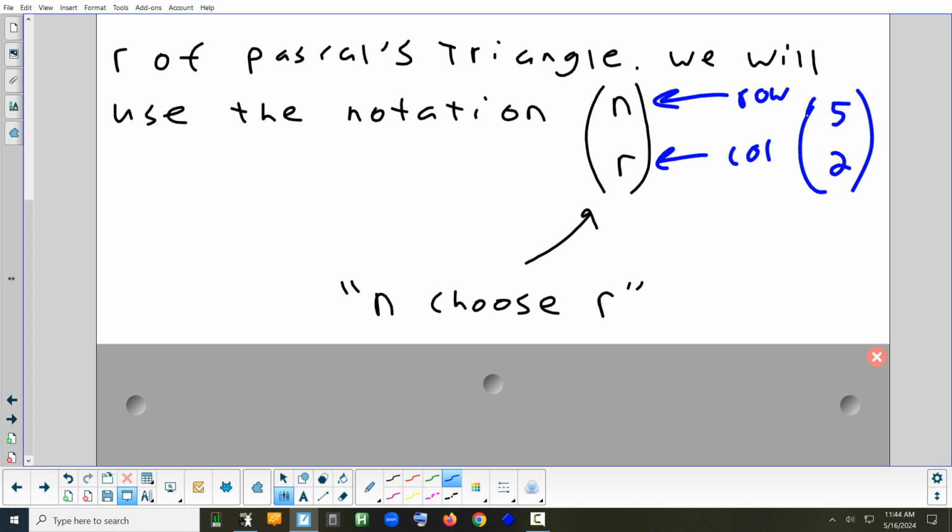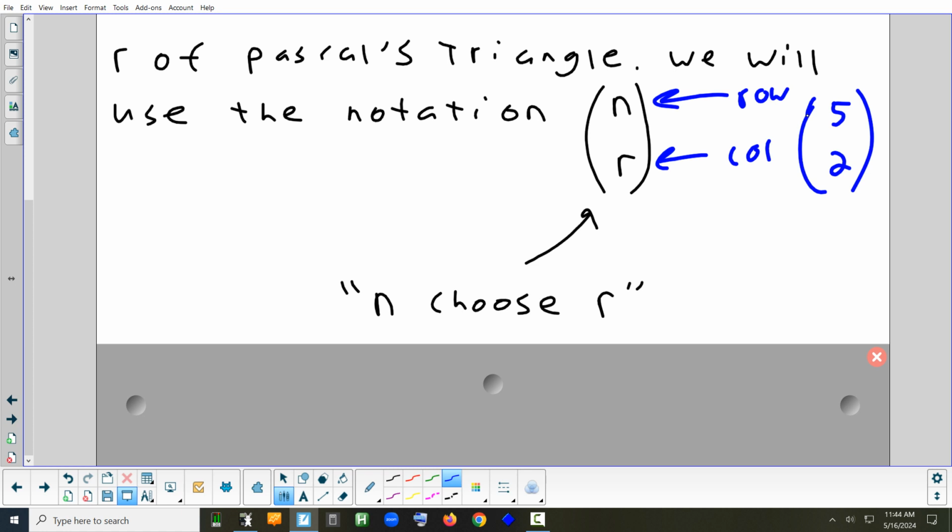The order you choose them doesn't matter. Like having the red and the black one is the same as having the black and the red one. Assuming I had all different colors, how many ways can you choose 2 objects as a group out of a total of 5 objects? That's exactly what the number in row 5, column 2 in Pascal's triangle would tell you. How many ways can you choose 2 things from a group of 5, where the order you choose doesn't matter?